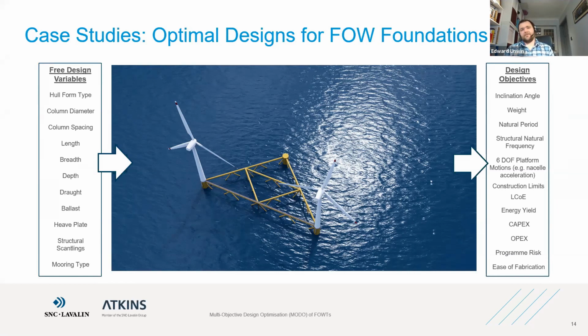Or it might be that if you had a very light platform, it could be extremely intricate and difficult to fabricate, so it could only be created in a few shipyards in the world, and that may come at a premium cost. So there's lots of different things other than purely weight that we could optimize against to end up with the right hull for a particular project.